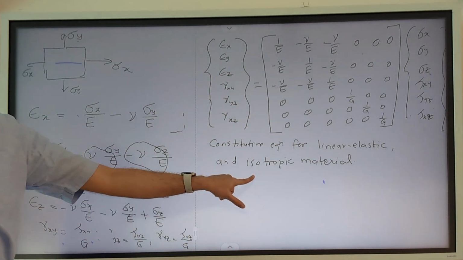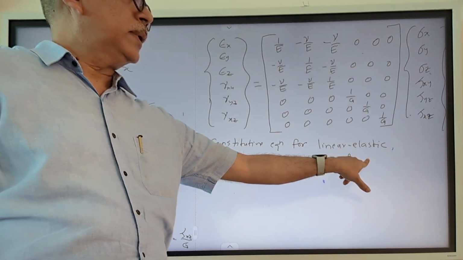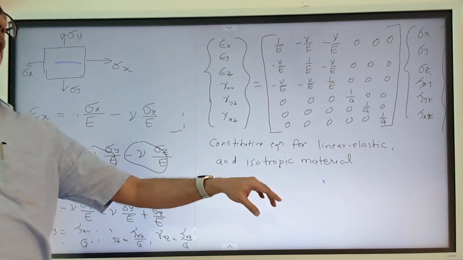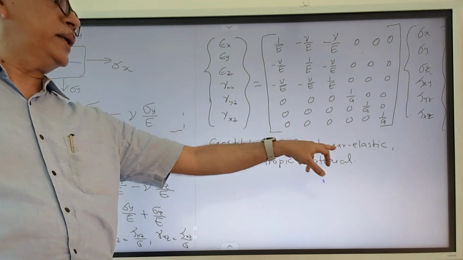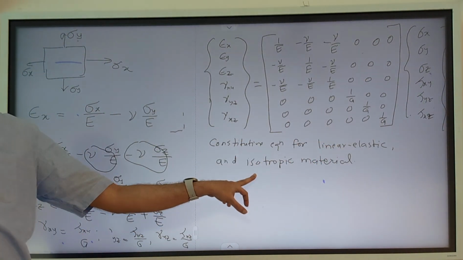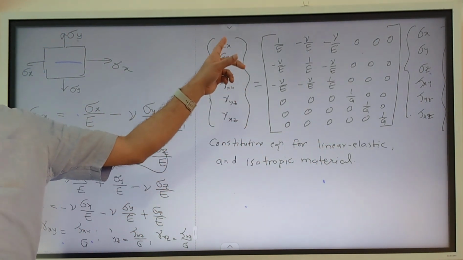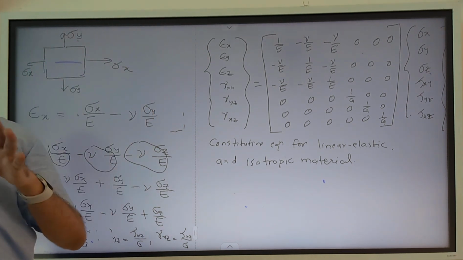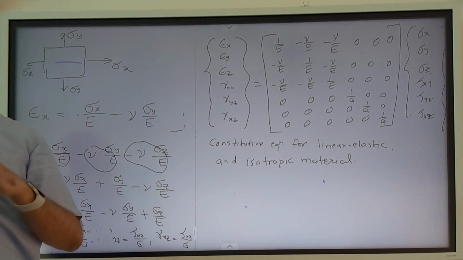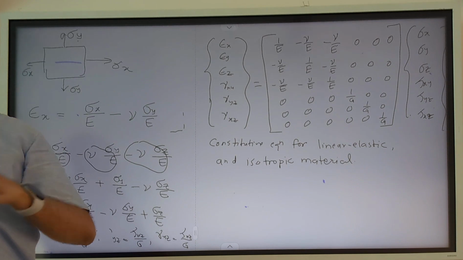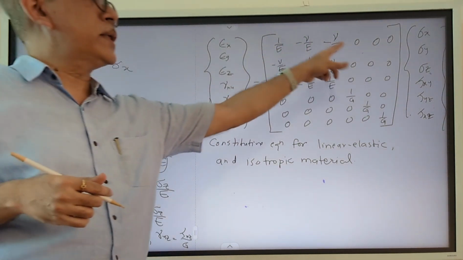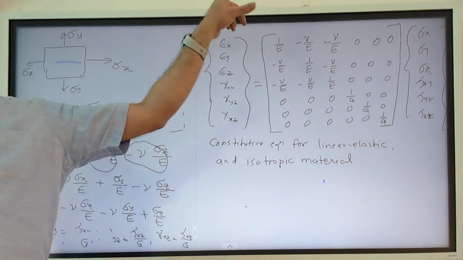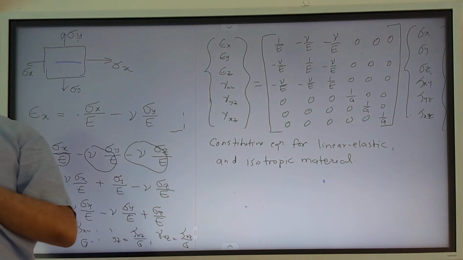Okay, so that is the set of equations that we obtained in this particular case, which are valid for linear elastic and isotropic material. In order to define the constitutive equations for linear elastic isotropic material, how many material constants do we require? What you see in this matrix, they are all material constants, material properties.